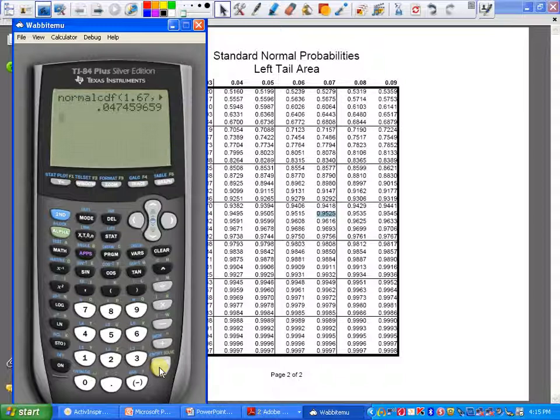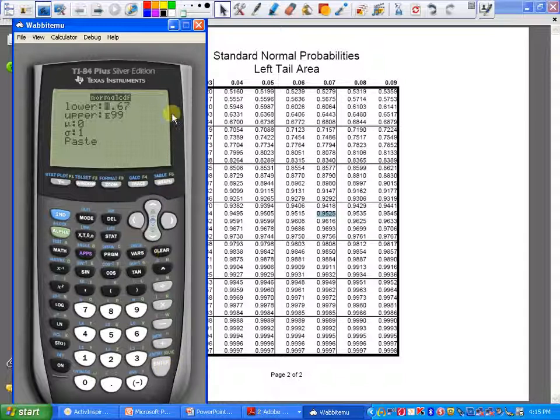And that's what we got, 0.0475. Now I'll also show something else here. You can work with raw scores. Sometimes you're going to be asked or forced to find the z-score anyway, so this won't be as helpful, but it is always a good way to check.